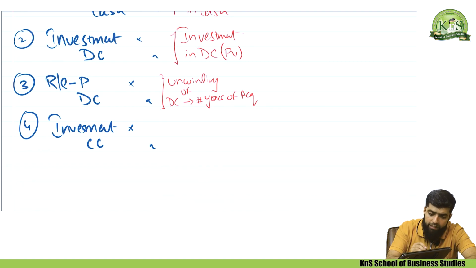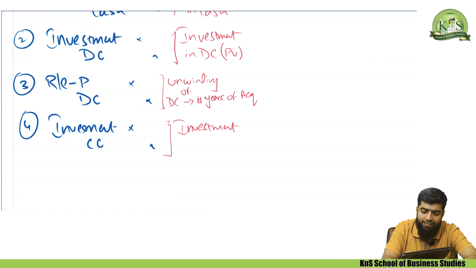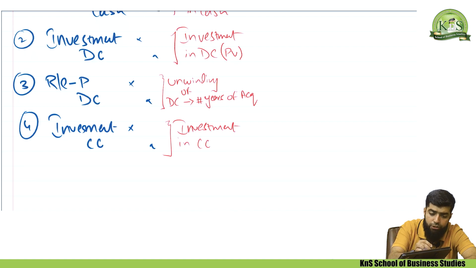This will be recorded, and that is again the investment in contingent consideration, which means that the liability might increase or decrease in future depending on the events. If that particular event has arrived, it means now the contingent consideration might increase or decrease in future or at the date of reporting. That is the investment in contingent consideration.